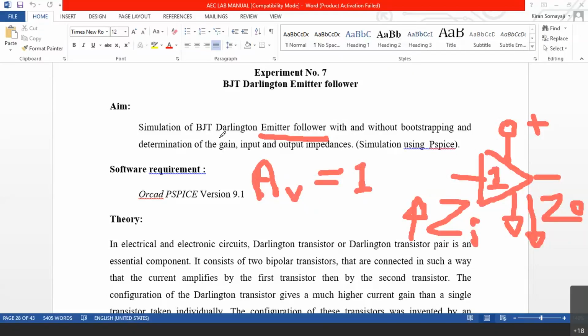Today we will see the circuit with two active devices, and later on we will see the meaning of bootstrapping. Right now I will not tell you. First let us discuss the Darlington emitter follower circuit. Later on let me tell you what bootstrapping means. And then in both of these circuits we have to determine the gain, input impedance and output impedance. This is the simulation using PSpice.